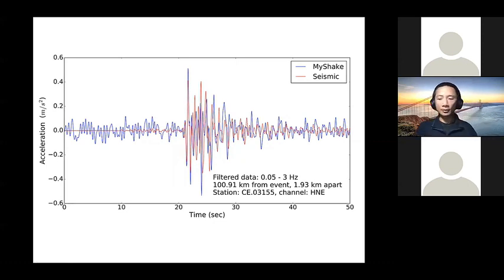This is the limitation of using smartphones, because the sensor quality is not comparable to high quality research grade devices. But still we can record the earthquake at further distances for the S wave part. For early warning purposes, it's also useful.